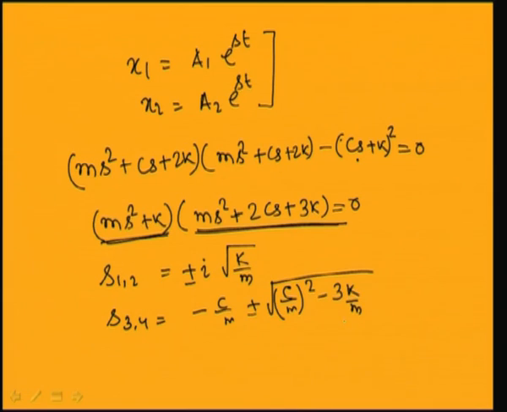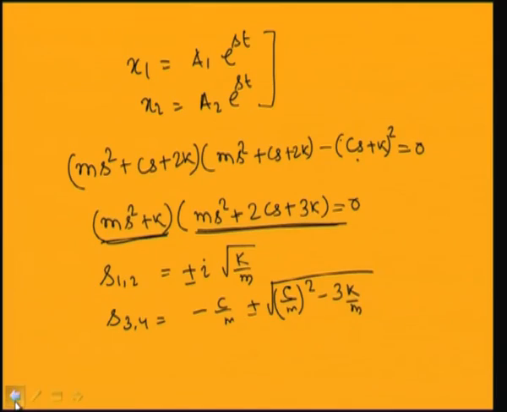So in the present case, by substituting values, S12 becomes root over k by m, where I have taken k equal to 100 Newton per meter and m equal to 1. So this becomes 10, and I am getting 2 roots, plus minus 10 i.